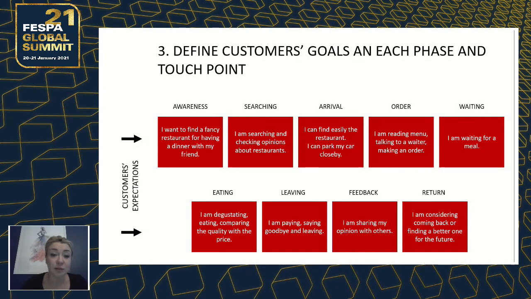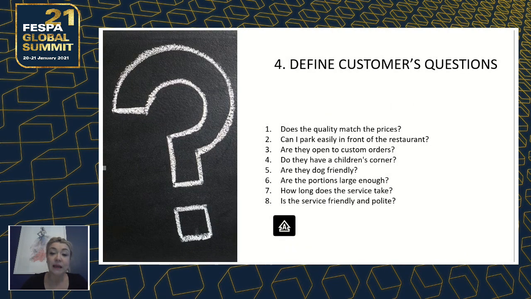I will not read it all because you see it on the slide, but I hope that this is quite clear for you. And the next step, we still fill in certain touch points, right? For example, we fill the touch point, I'm eating a meal, right? So what are the customer's questions that are in his mind on this particular touch point? And you write down on those post-it notes as many questions as possible that come into your mind.